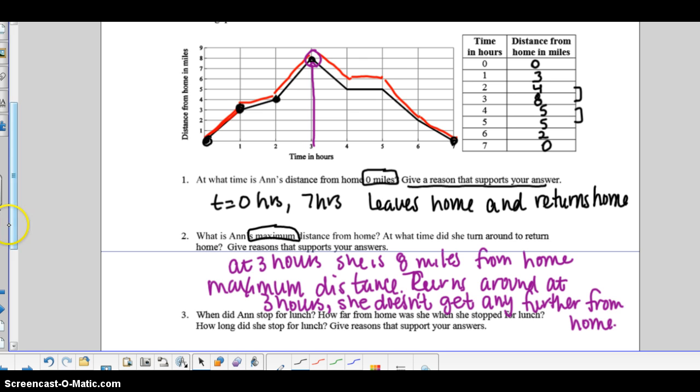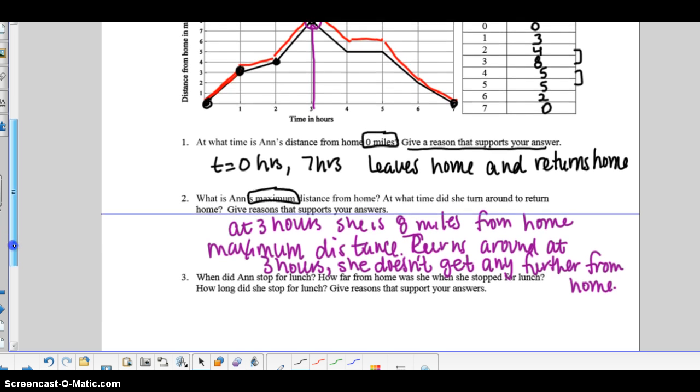These are not the only reasons that are possible. You can add your own. But it does say that that's her maximum distance, and then she turns around and comes back home.